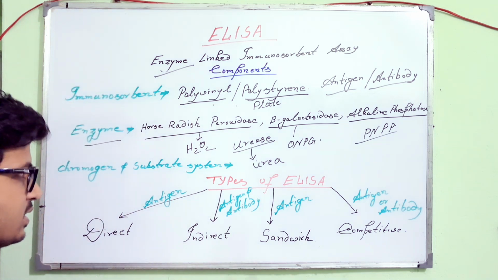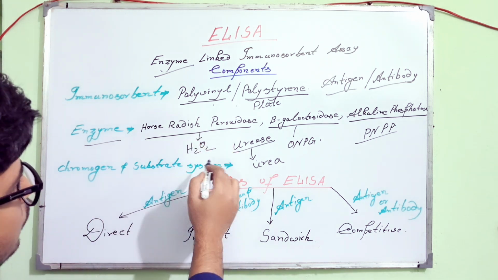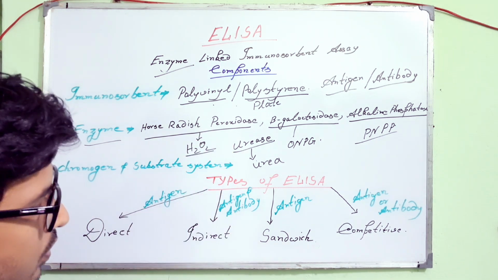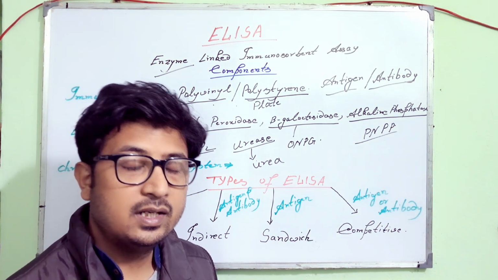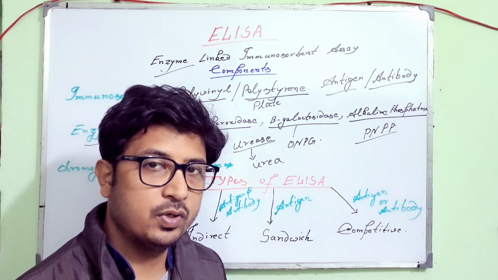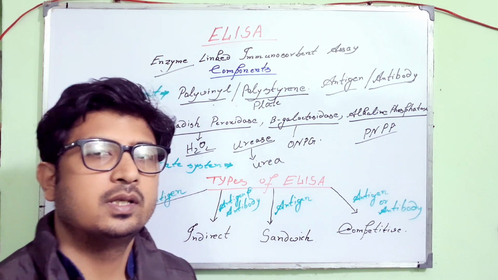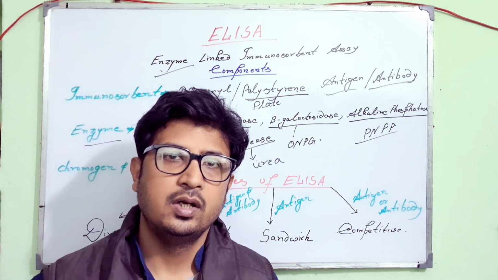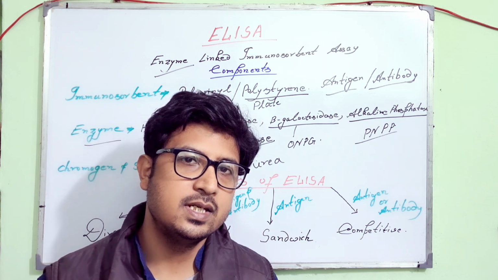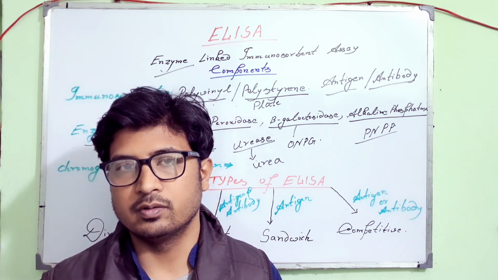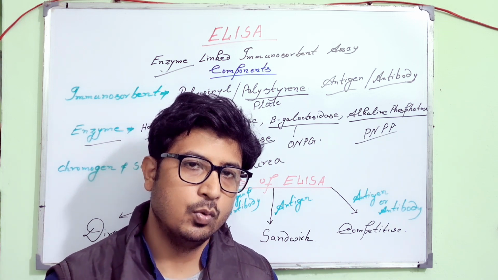The next component is chromogen and substrate. This enzyme will work upon these substrates. Now these substrates will either activate the chromogen. Chromogen is the component which actually gives you the color, because ultimately after the ELISA procedure you are going to measure the optical density through the change of color, with positive or negative, or high positive, medium positive or low positive.